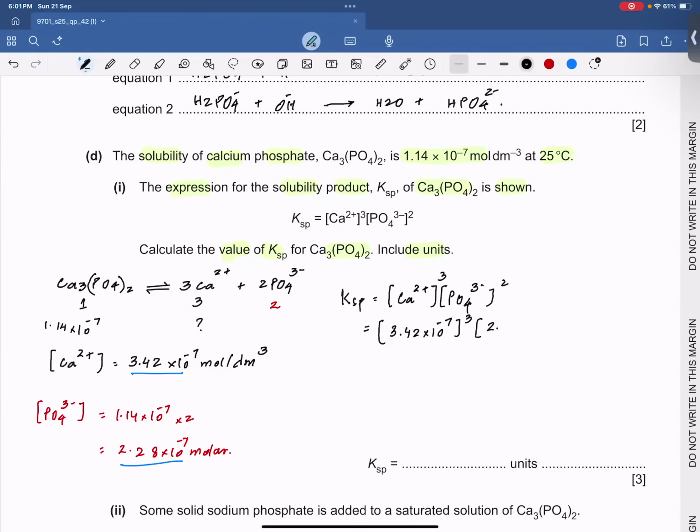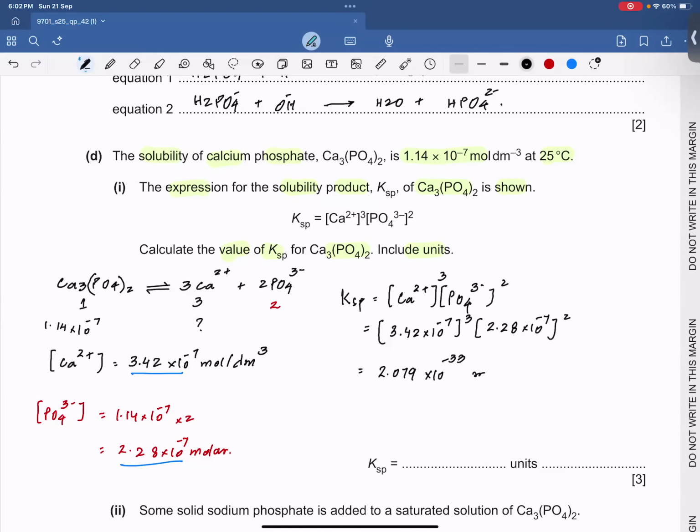Phosphate ion is 2.28 into 10 to the power minus 7, squared. So the value of Ksp is 2.079 into 10 to the power minus 33.